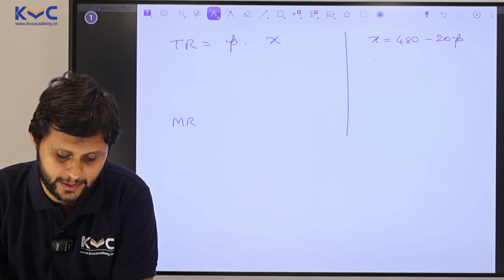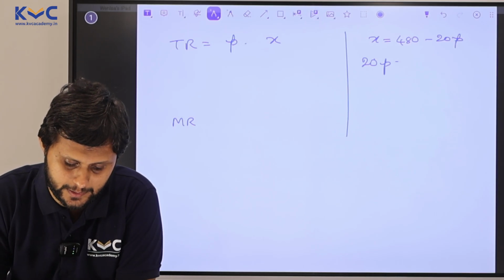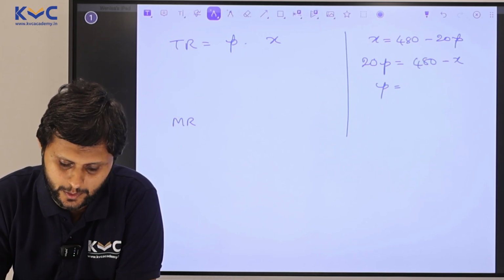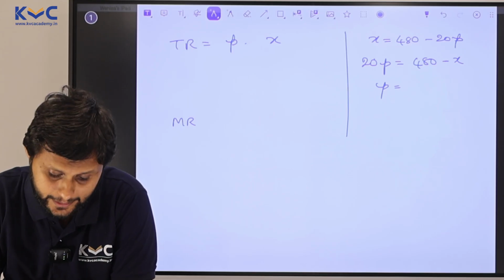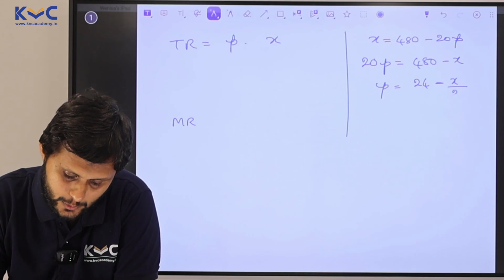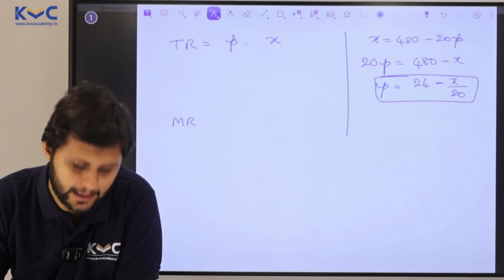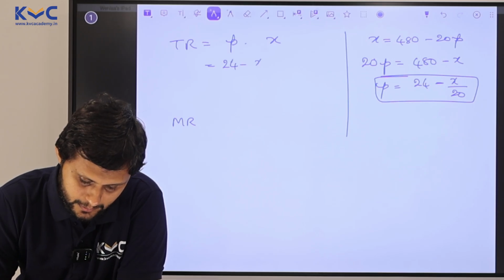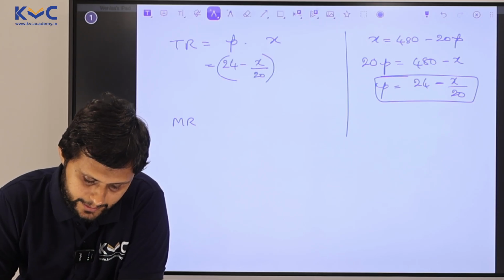We have to convert it as P is equal to, so we get 20P is equal to 480 minus X, or P is equal to 480 by 20, 24 minus X by 20. This is my price, and this has to be multiplied with X.